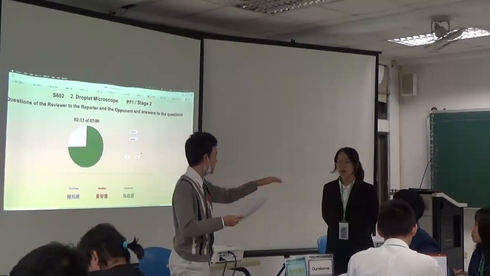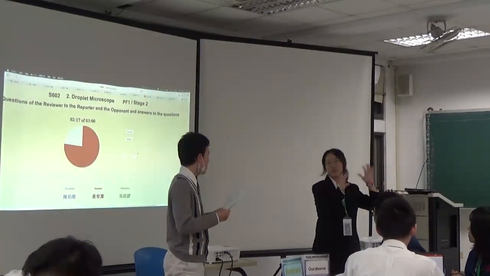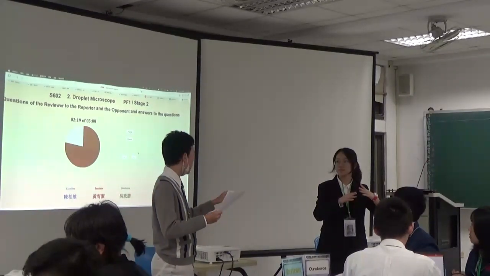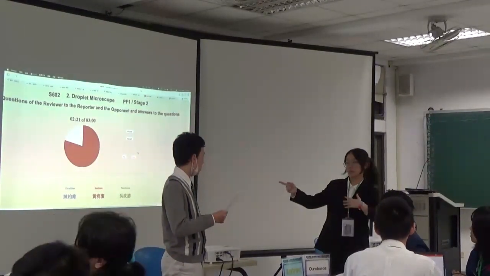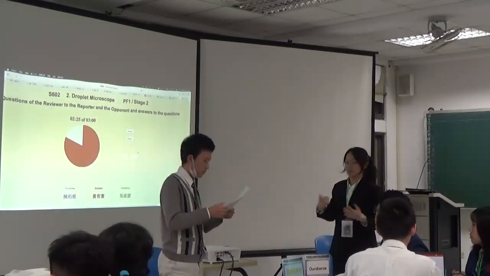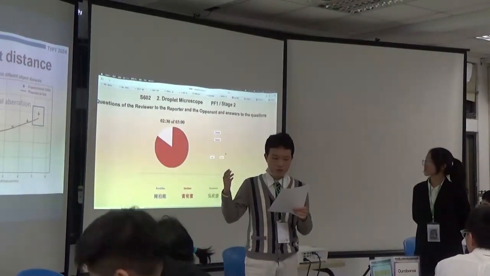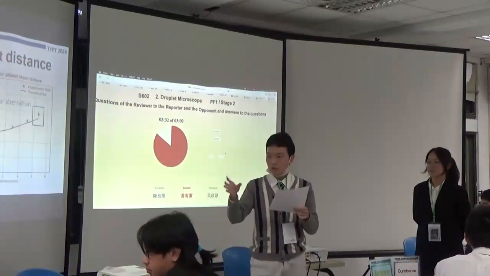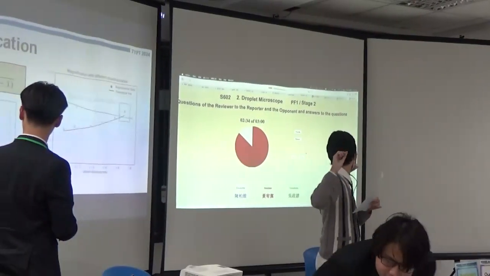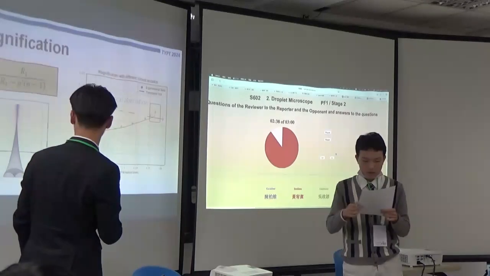Okay, and I want to ask you, how do you define thin and thick lens? The thick lens will have a diffraction in the lens in a different way. So do you think the droplet is a thin or thick lens in his experiment? In my review, he didn't do the experimental work, so I don't know. Okay. And second, for example on the dots in the experiment, how do you determine the resolution?